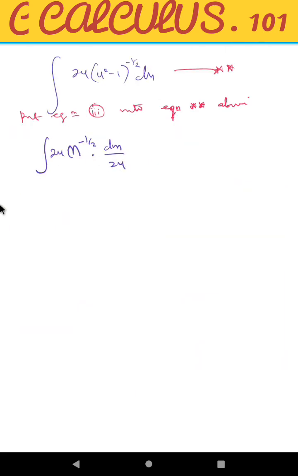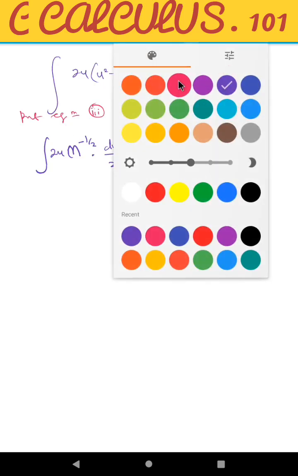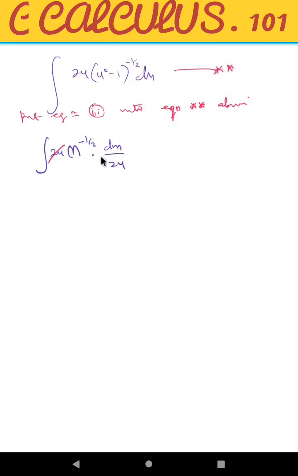Can you see that? So from here you can now see that this 2u will cancel out this 2u. So that we are left with the integral of m raised to the power of minus half dm.